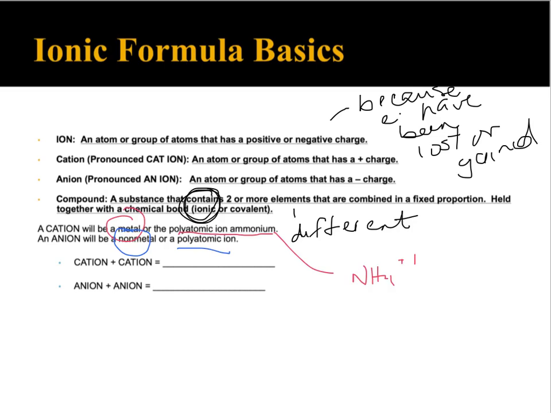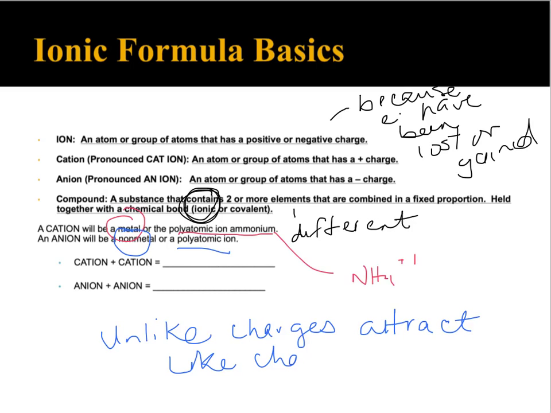So, you got to remember this really important idea that I have told you multiple times this year, that we're going to keep using this idea that unlike charges attract, like charges repel. Okay, so you got to kind of try to keep that idea in mind as you're working with this stuff. So there's times when two ions come together that they're not going to form a compound.